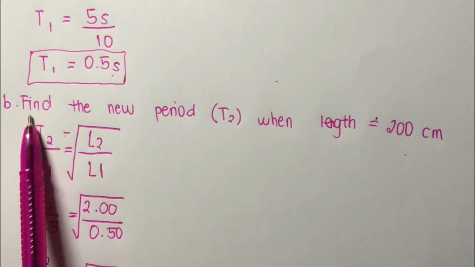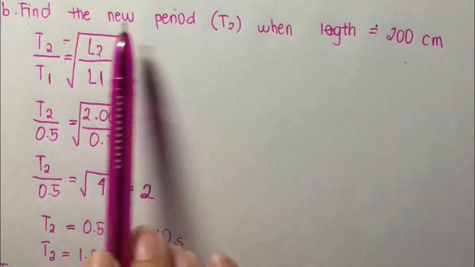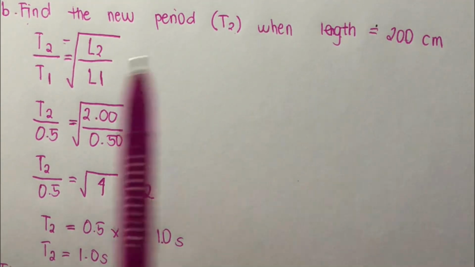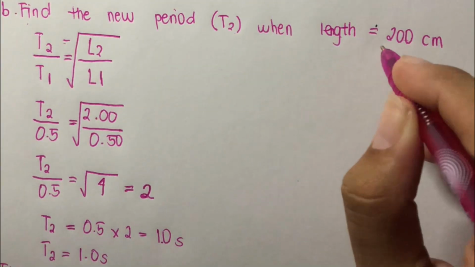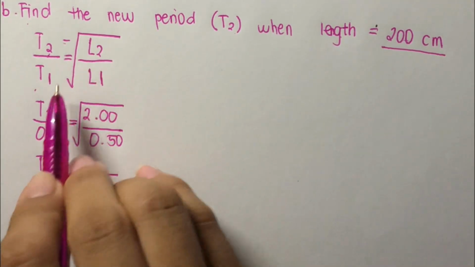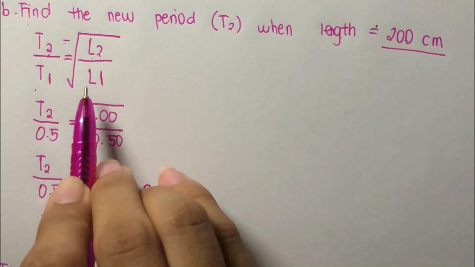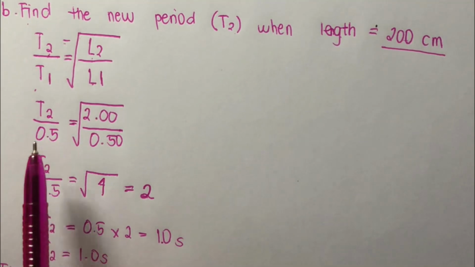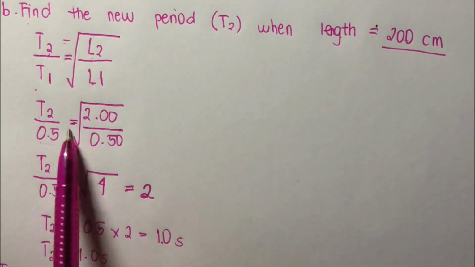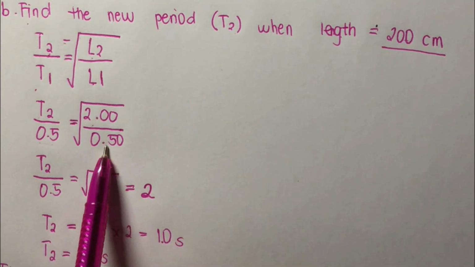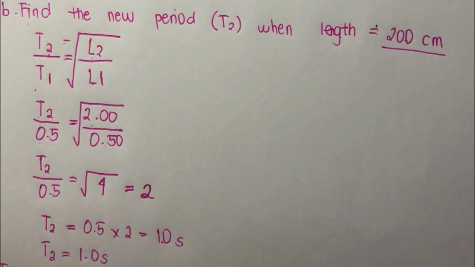B. Find the new period T2 when length is 200 centimeters. For a simple pendulum, the formula that we will be using is T2 over T1 equals the square root of L2 over L1. Substitute the values. T2 over 0.5 equals the square root of 2 over 0.5. Let us first solve the square root before anything else.